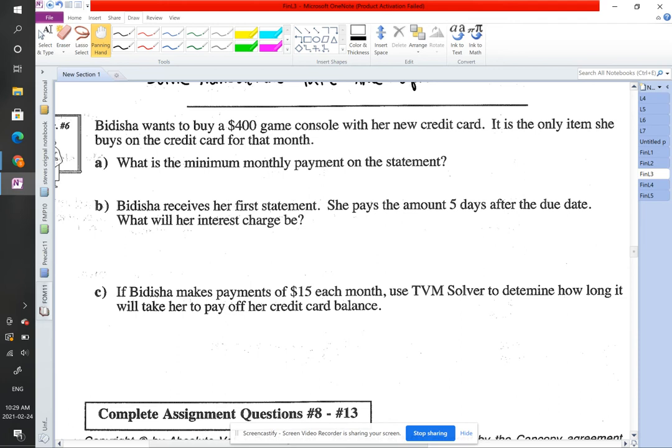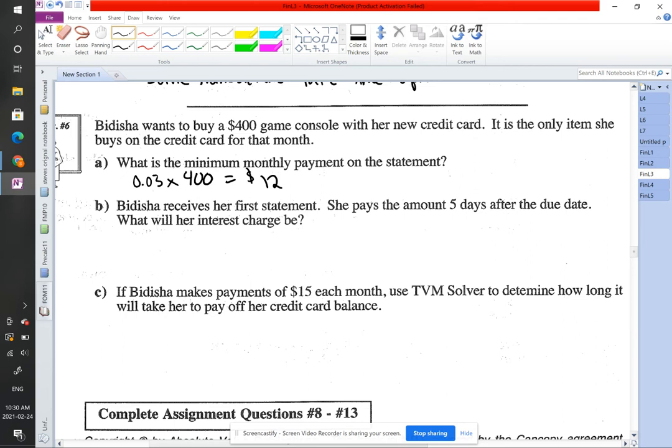Well, if she buys a $400 game console, her balance is $400. She owes $400, and we know the minimum payment is going to be 3% of that. So let's say 0.03 multiplied by 400, and we get $12. $12 is more than 10, so we're going to stick with that.